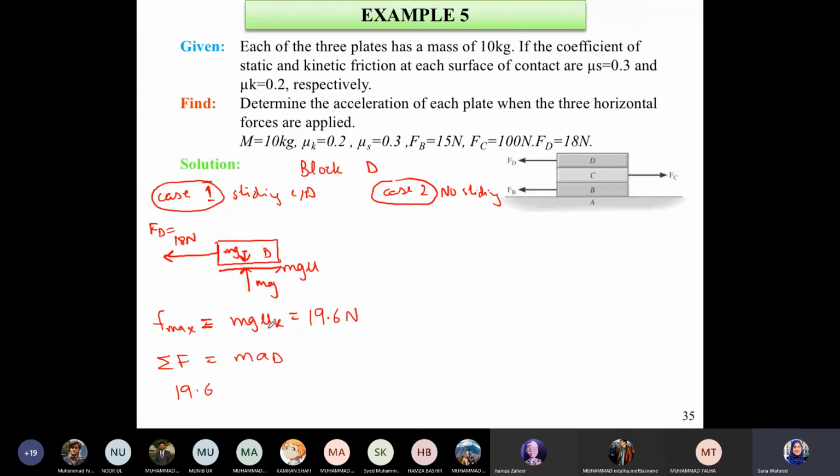Now notice I've used mu k because I've assumed कि sliding हो रही है C और D के दरमियान में. So I'm already assuming कि इस motion की C के motion की वजह से D पे ये force act कर रही है. So 19.6 minus 18 is equals to MAD, which gives me that AD is equals to 0.0162 meter per second square to the right.